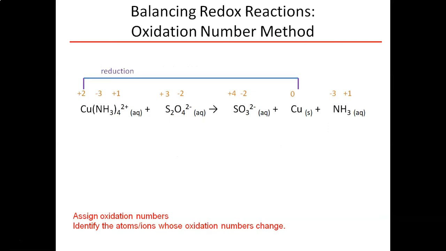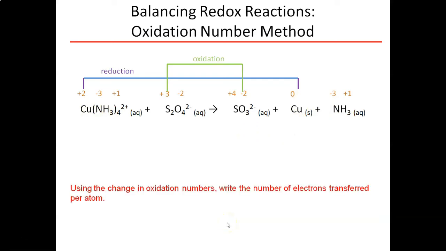Okay. Then we're going to identify who has a change in oxidation numbers, and because copper gets less positive, it underwent reduction, and sulfur got more positive, so it undergoes oxidation. Once we identify our change in oxidation numbers, we're going to determine our change per atom. I went from a +2 to 0, so I gained 2.